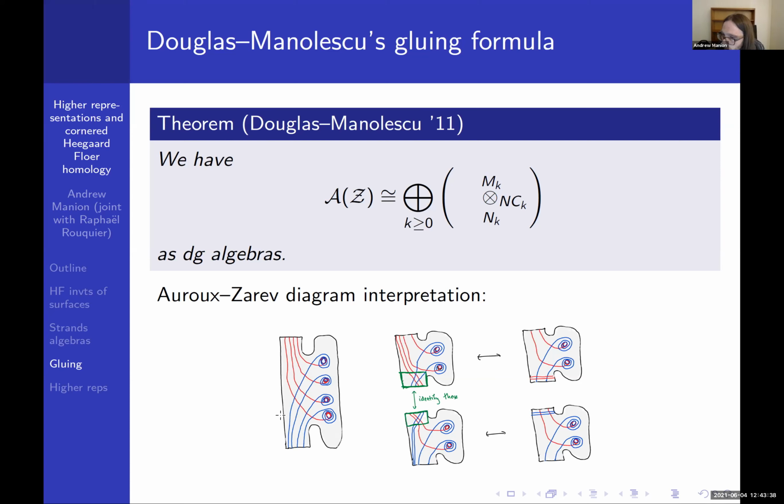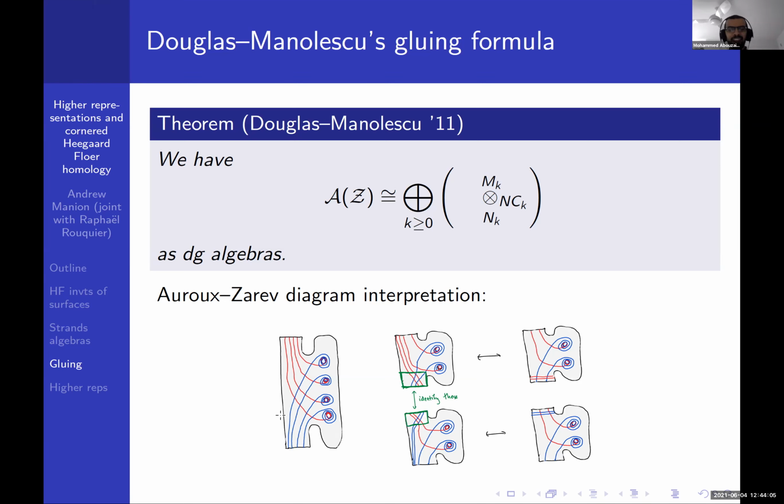Let's see, wait, is there a... I can ask my question out loud. So sorry, I would have naively expected that what you would see is like I intersection points at the top and J intersection points at the bottom, and I plus J equals K. Yes, that's right. But that's not what you seem to be writing. I am considering all possible numbers of intersection points together. So my K is the number of strands that go through.